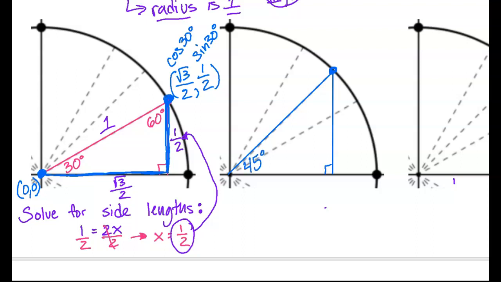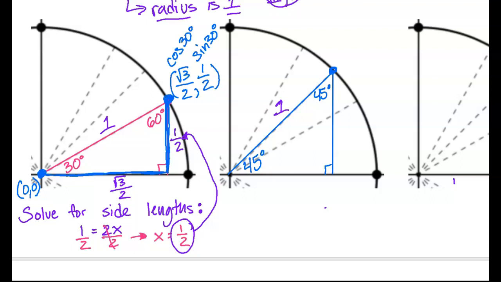So this angle here is 45. This angle down here is 90, and that means that this angle here has to be equal to 45. Now, what is the last value that I can immediately put on this triangle? 1. Yes, 1 on the hypotenuse, right? The hypotenuse is the radius, and we know this is the unit circle. The radius is always 1.